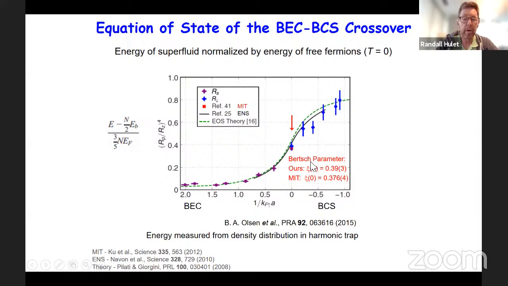And according to our experiment, shown here by this red dot, it's about 0.39. So they have about an order of magnitude more sensitivity than we do, mainly because they were using a box-like potential and didn't have inhomogeneities to worry about.